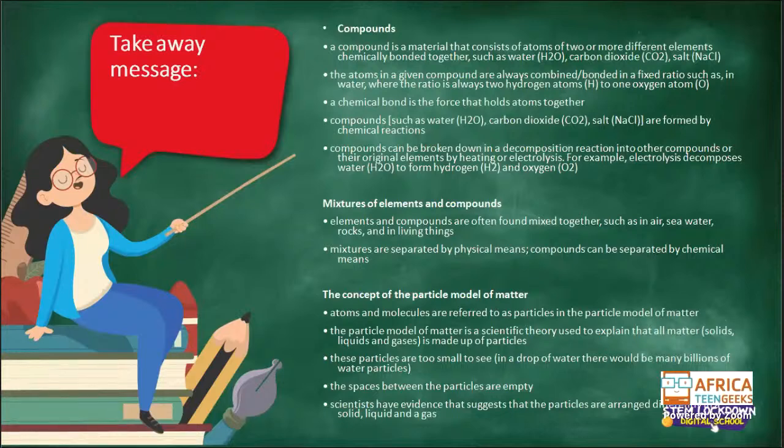And then we said scientists have evidence that suggests that the particles are arranged differently in a solid, liquid, and a gas. That is what we just did. Activity 1 is supporting what the last bullet is saying. You saw that in a solid, the particles are close.